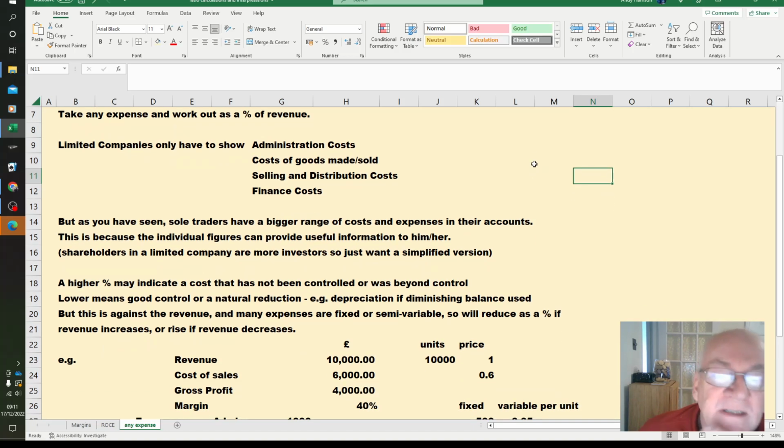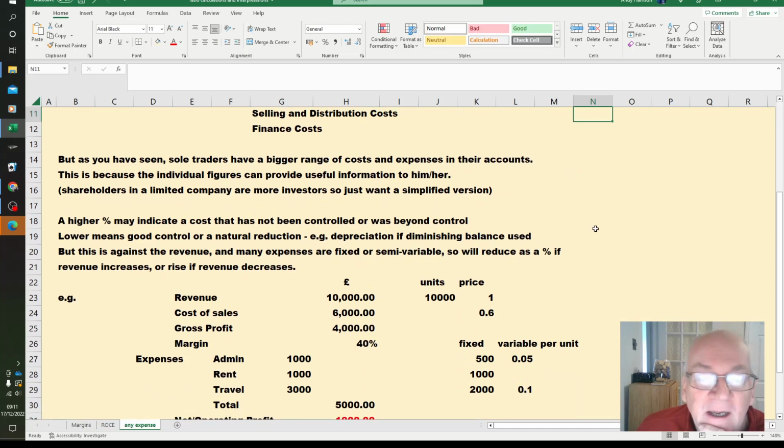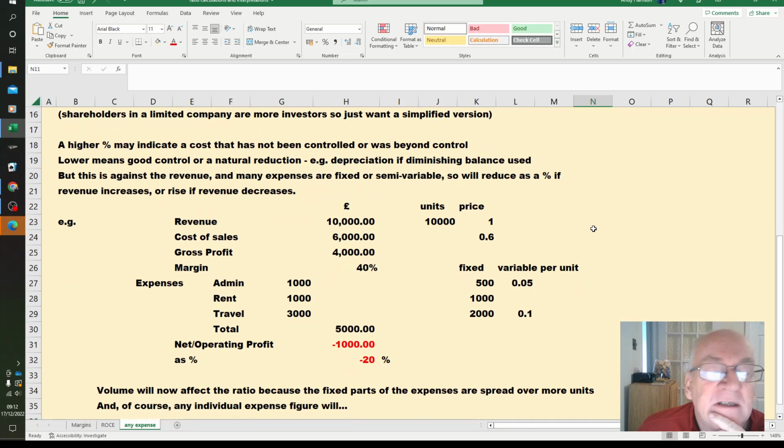Sole traders though tend to have a bigger range of costs. This is because the individual figures may be useful to the sole trader. They can understand, they can relate to them. So the shareholders in a limited company, they're more investors, hence they're happy with the simplified IAS 1 version for limited companies. A higher percentage may indicate costs that haven't been controlled or are beyond control.